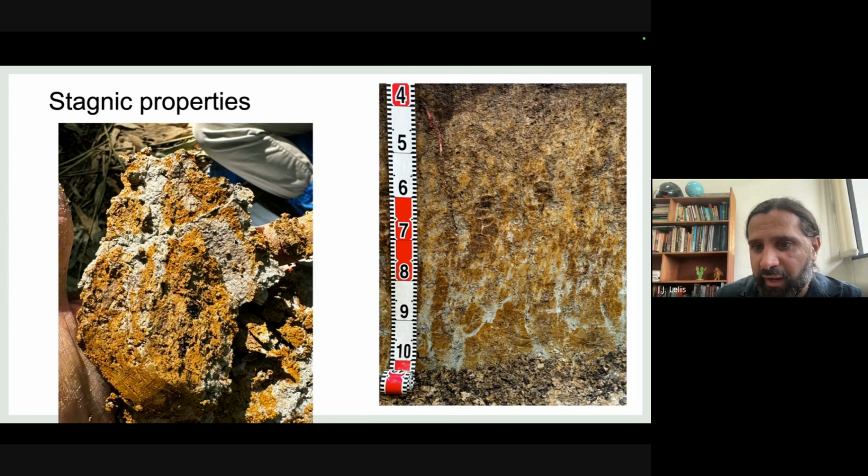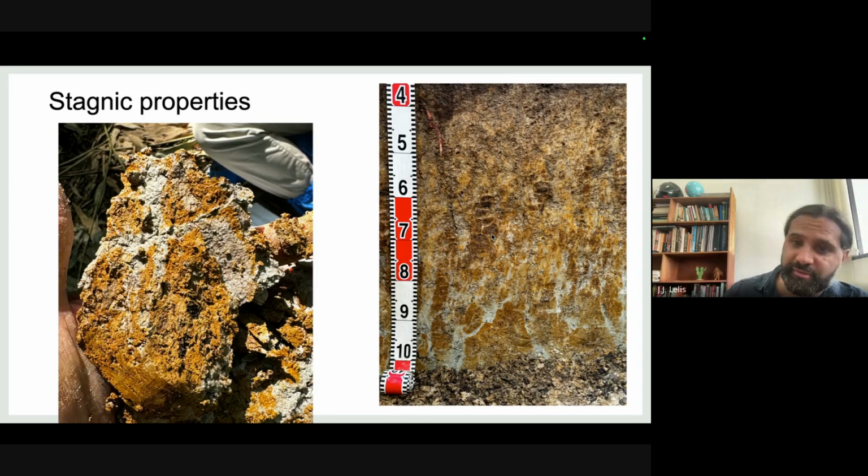You have some lines that express the voids, the connection between the pores, and then there you see these grayish colors expressing the reducing conditions. But inside the peds, inside the aggregates, like here, you still have the oxic iron, okay? You still have iron oxidized, you still have iron 3.